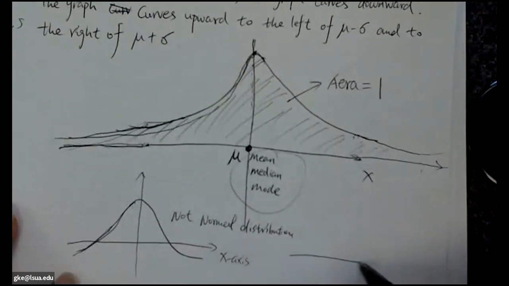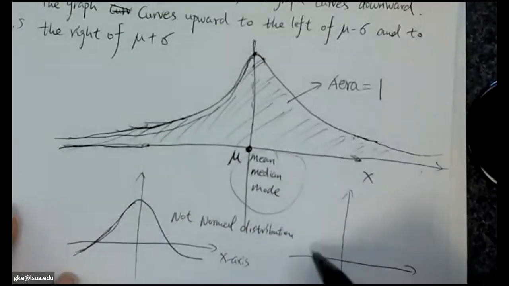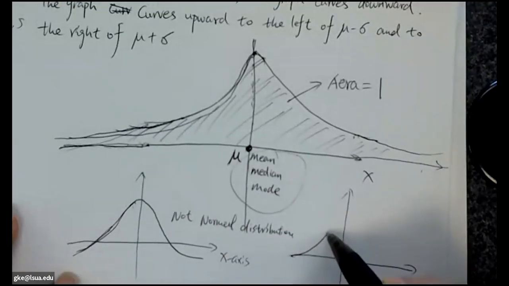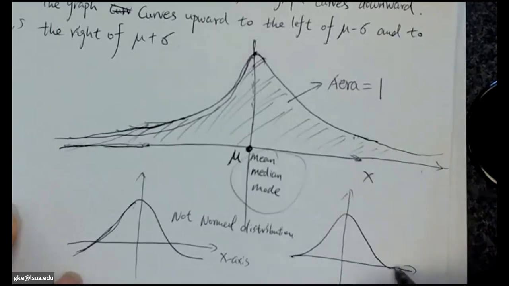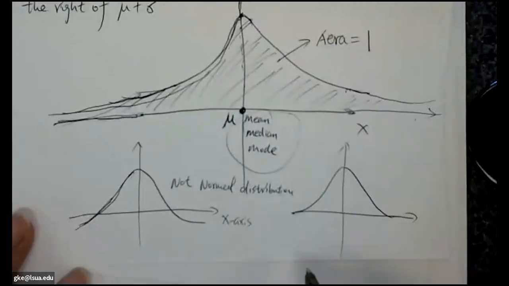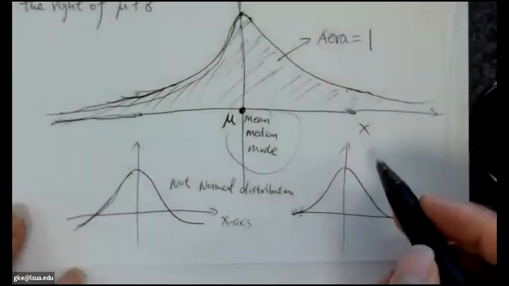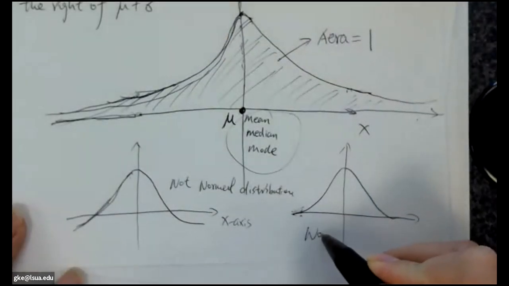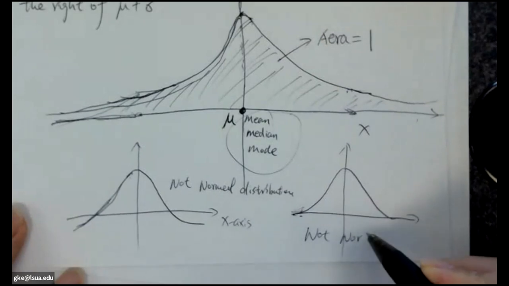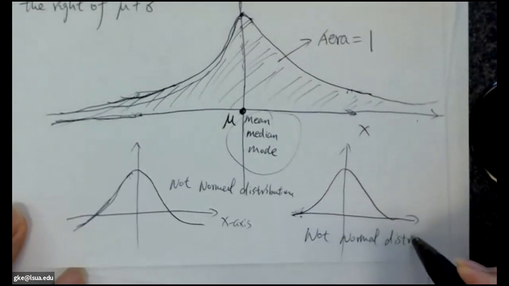And of course, some curves look like that. It very clearly touches the x-axis, so it's still not a normal distribution. And be careful, okay, not a normal distribution.